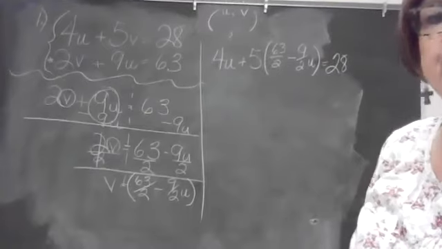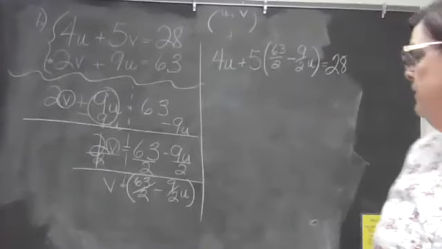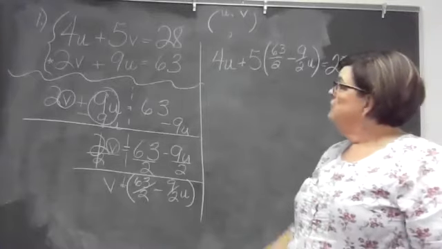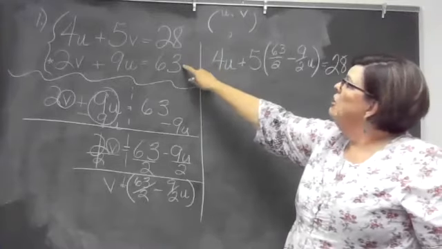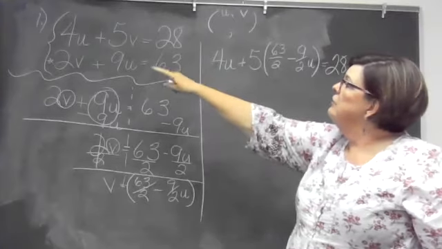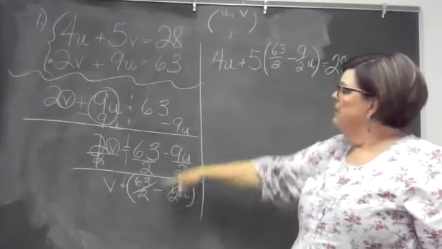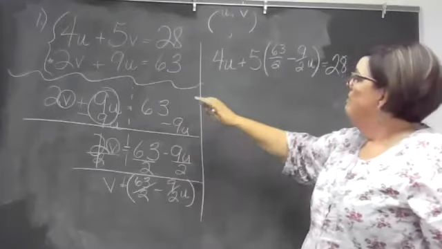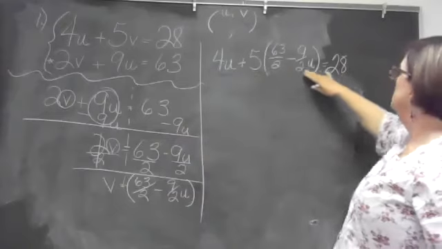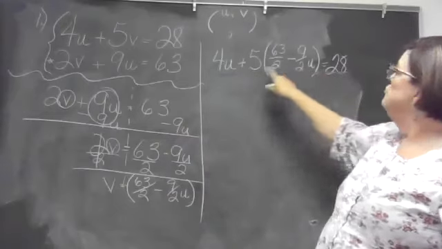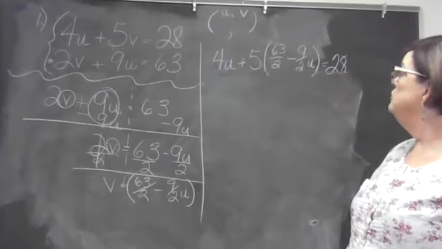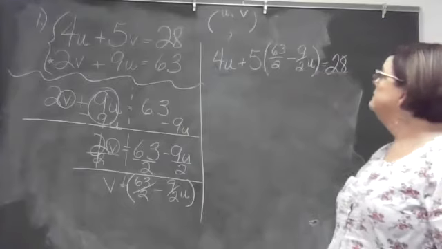Now, the reason for this, we explained just a little while ago, is because I can't solve this and get an actual answer because it has 2 variables in it. That's why I had to do this. But the substitution allowed me an equation that now only has u's in it. Now I can solve and find out an actual number answer that u is equal to.